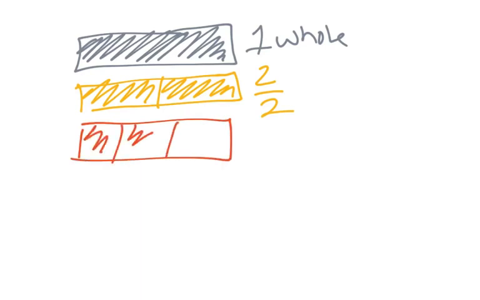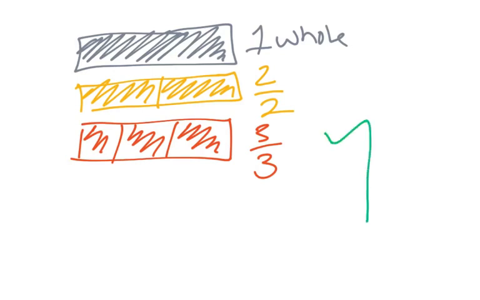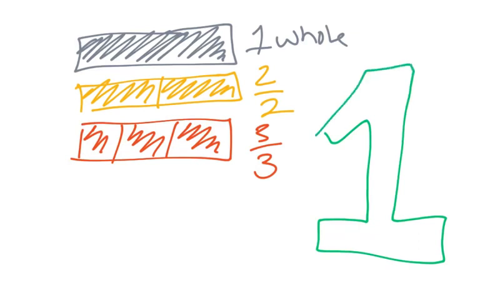This is an equivalent amount to 1 whole, but another way I could say that is 3/3. So this is what I like to call a fancy 1. It really means 1 whole, but it can be represented as any number divided by itself.